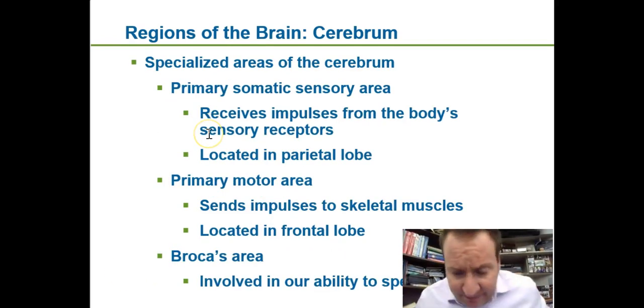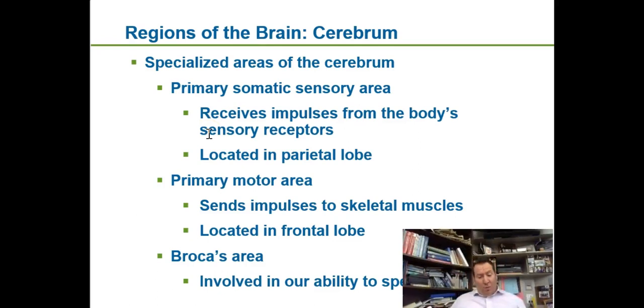So now we're going to take a look at some of the specialized areas within the cerebrum. The first thing we're going to look at is the primary somatic sensory area. Remember, somatic, we're going to stimulate skeletal muscle. And then we have the primary motor area. So the primary somatic sensory area is where we receive information as far as our sense of touch is concerned.